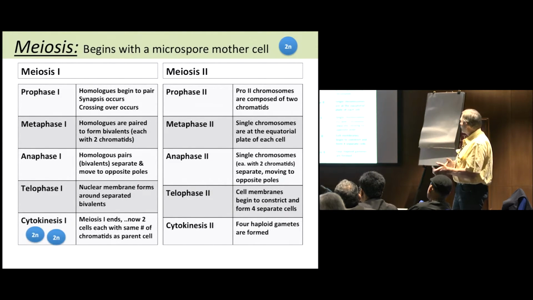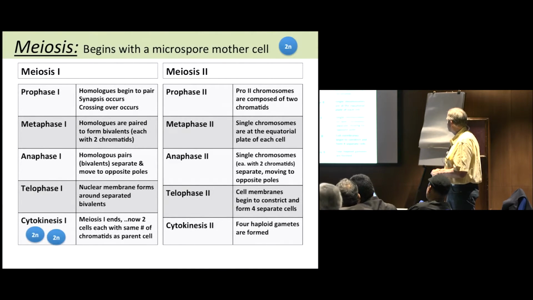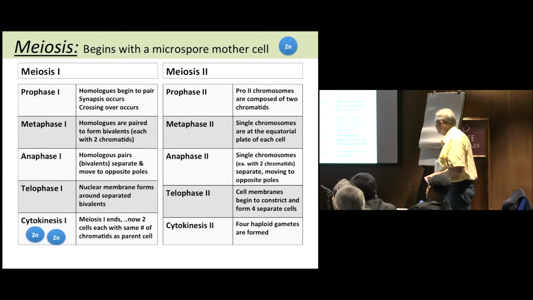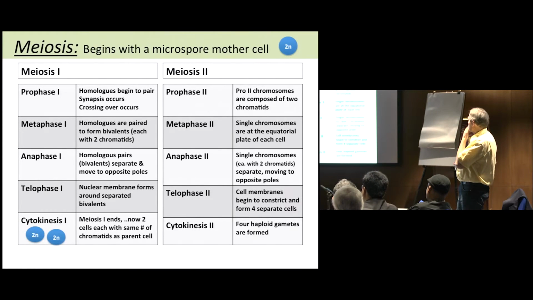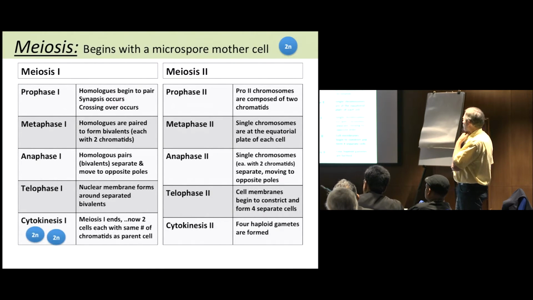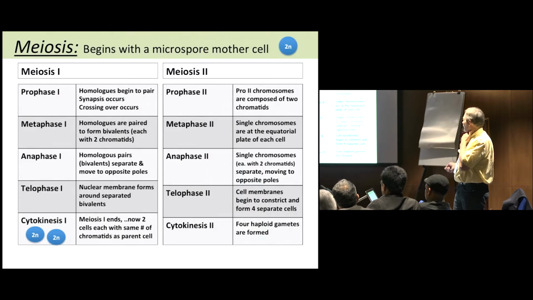And then the second phase of meiosis begins with prophase 2. In prophase 2, the chromosomes are composed of 2 chromatids. In metaphase 2, the single chromosomes are at the equatorial plate of each cell. In anaphase 2, the single chromosomes, each with 2 chromatids, separate and begin moving to opposite poles of the cell.